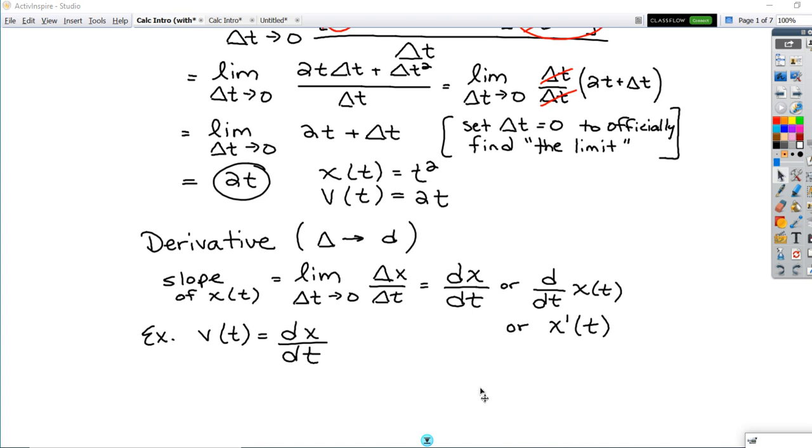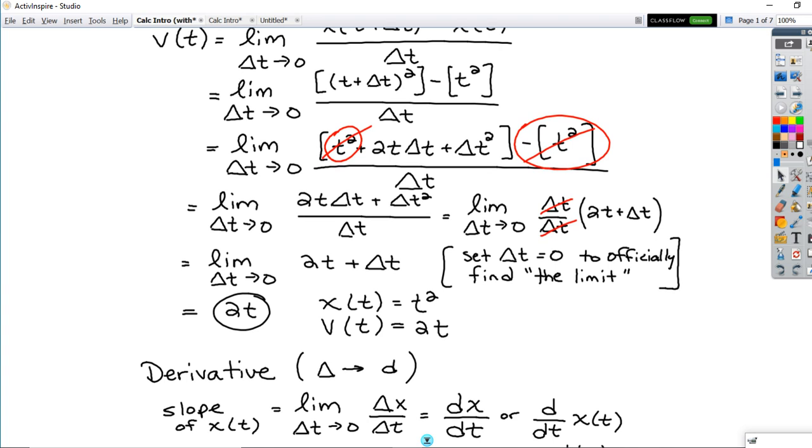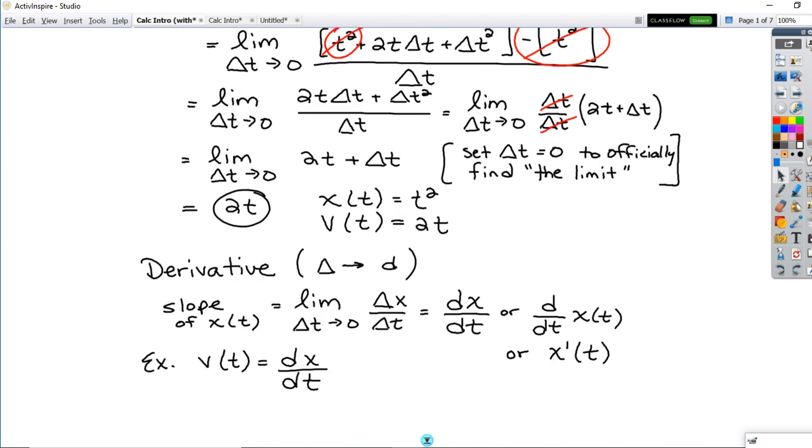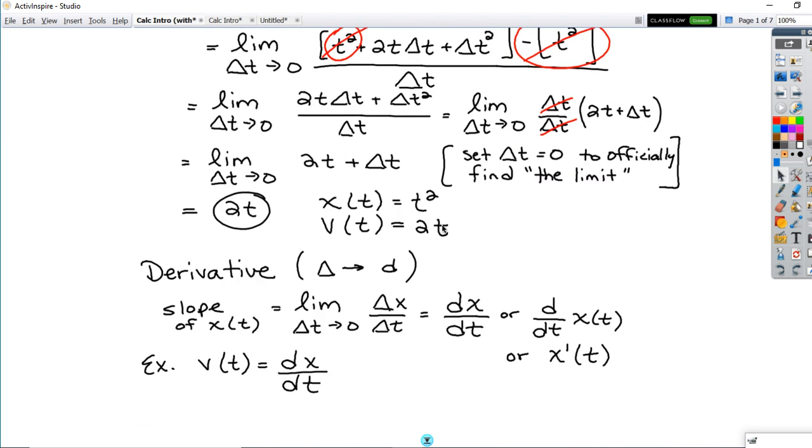Now a quick word on notation. What this 2t represents is the derivative of t squared. So we would say 2t is the derivative of t squared. It is what you get through this limit process.